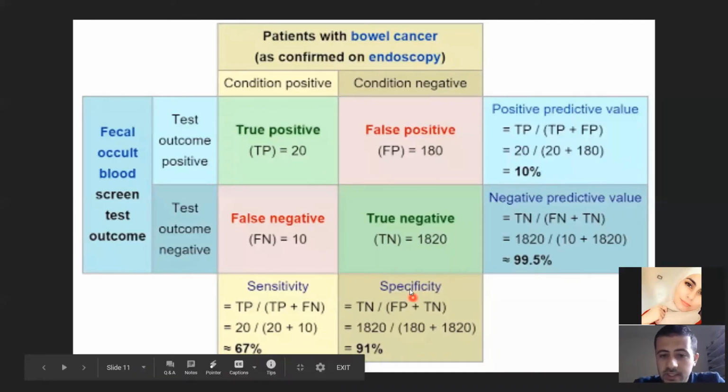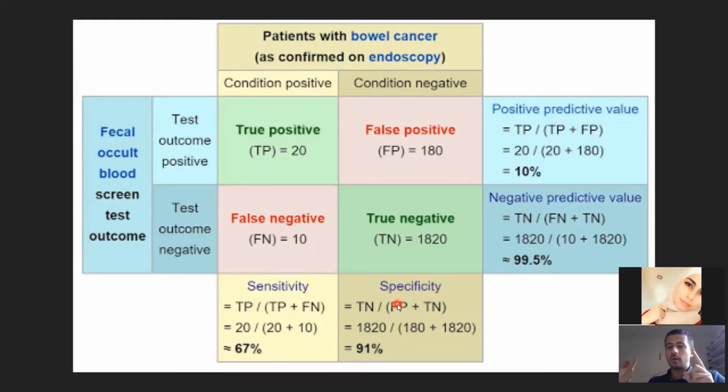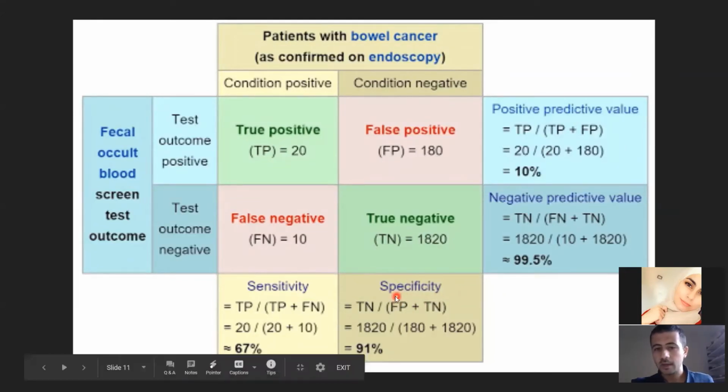Okay, so let's say I want to make the chart look like this. Instead of reversing the scale, I will take 1 minus specificity, which means probability of false positive.